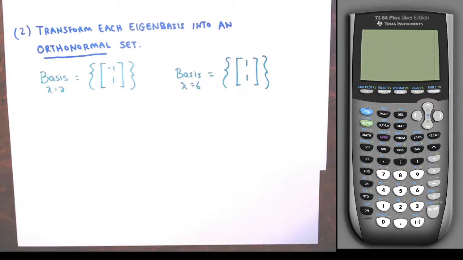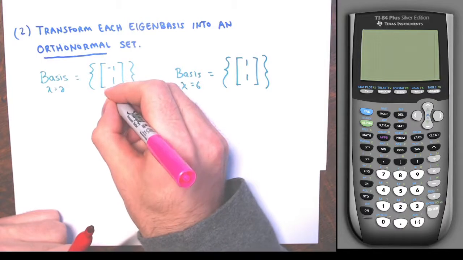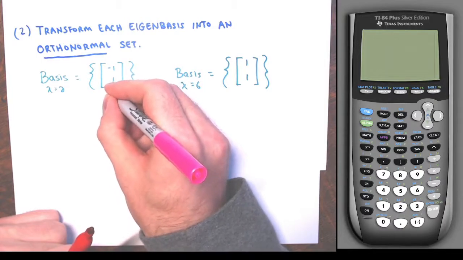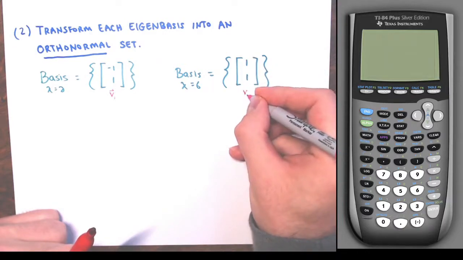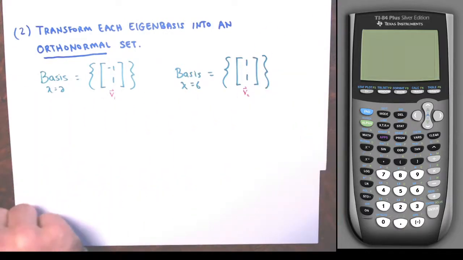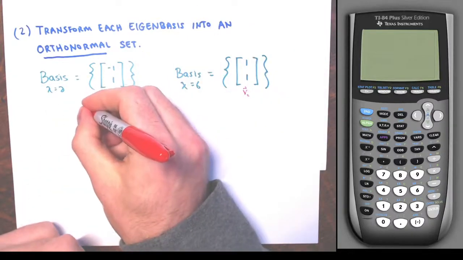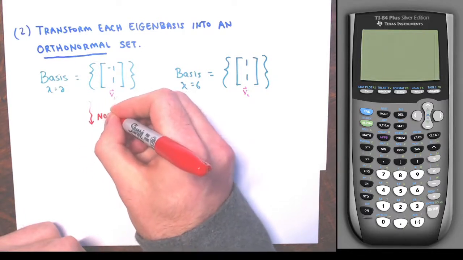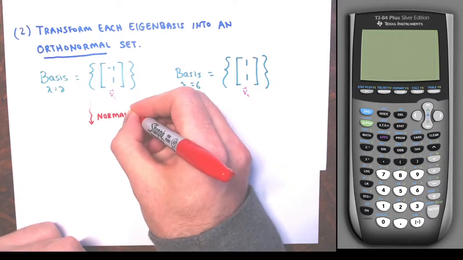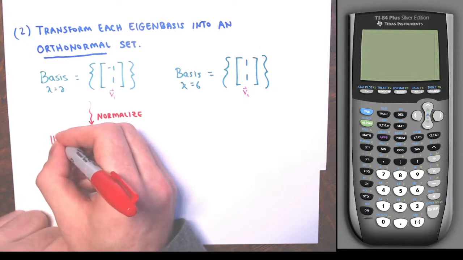I'm going to call these vectors some names. Let's call this vector v1, and over here, when we look at this set, vector v2. But right now I'm working on just the first basis. There's only a single vector, so all I need to do is normalize that vector. No need for the Gram-Schmidt process here. So what's the norm of v1?